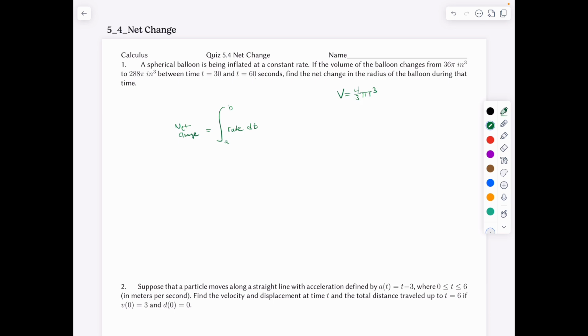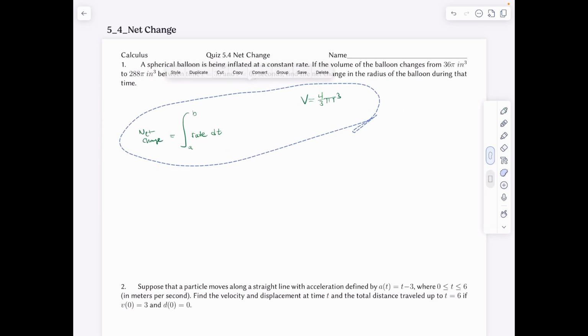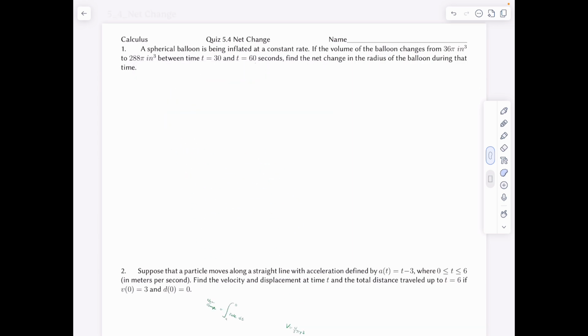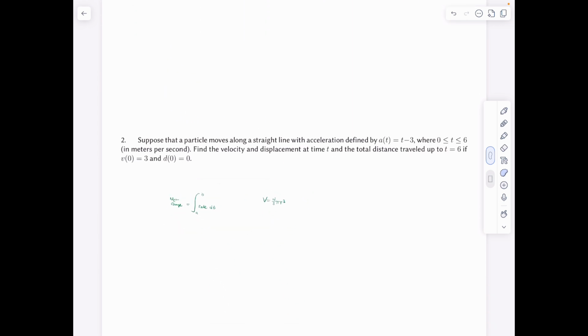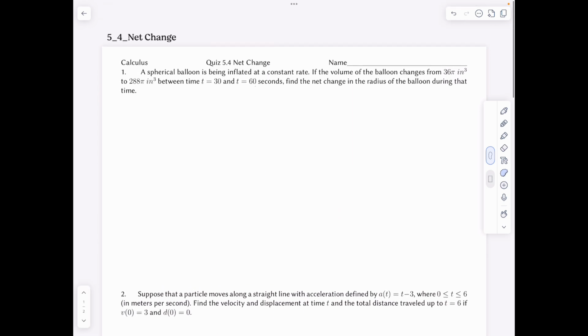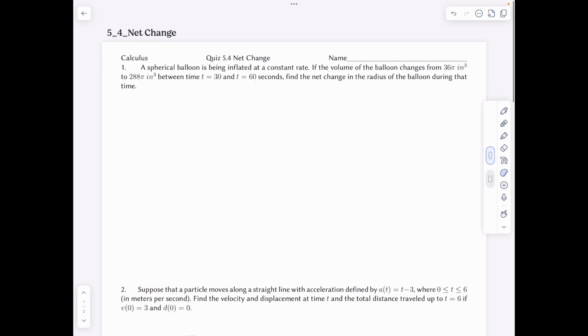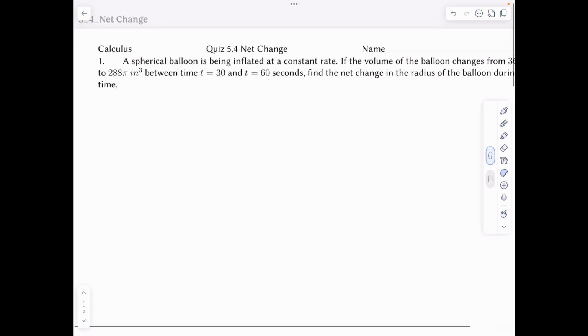It's almost too simple, in the sense that the net change in the radius is just the difference between the starting radius and the ending radius. So we don't need this calculus stuff. We can push this aside, shrink it down, put it down here. We'll use it maybe later. Hopefully we'll get to use it in a bit. But for this one, I think all we need is to find the initial radius and the ending radius.